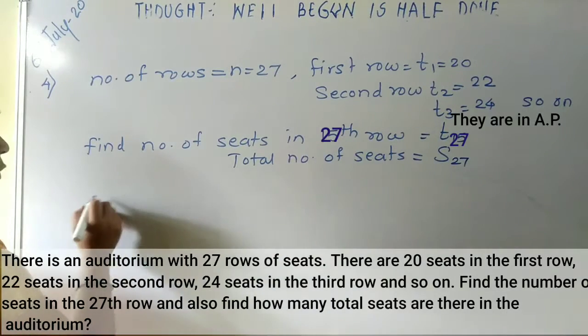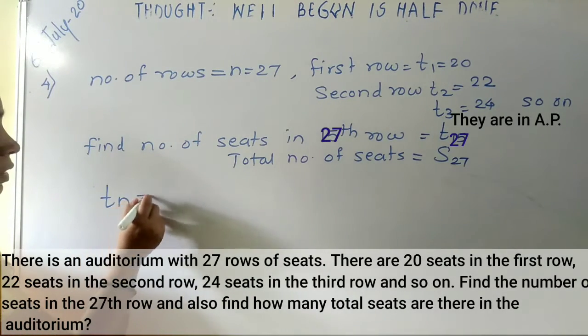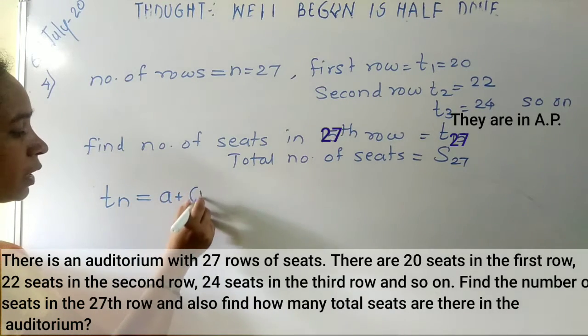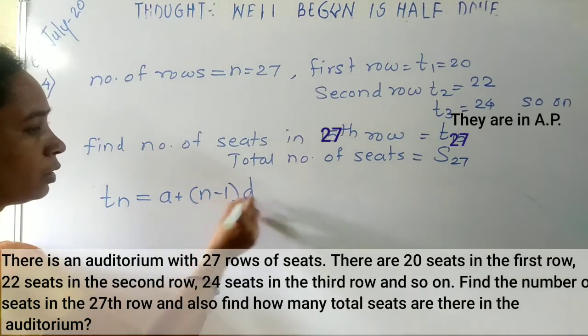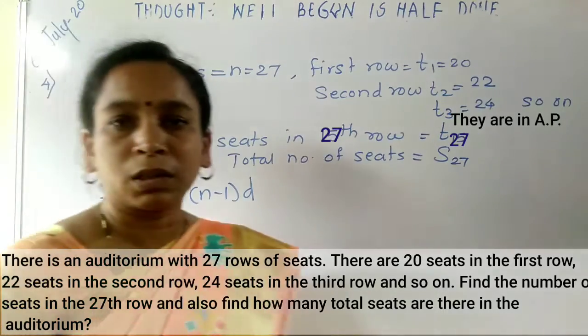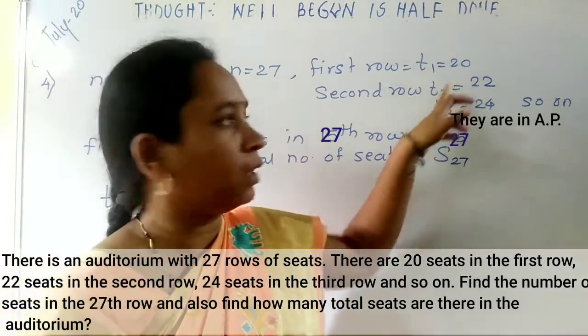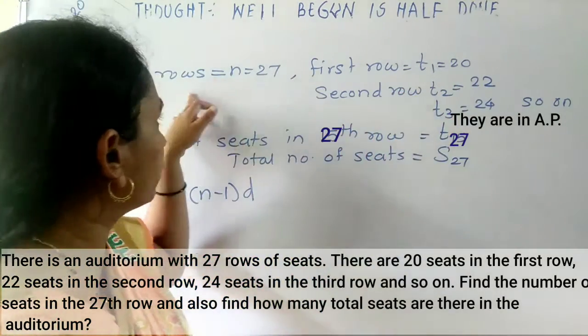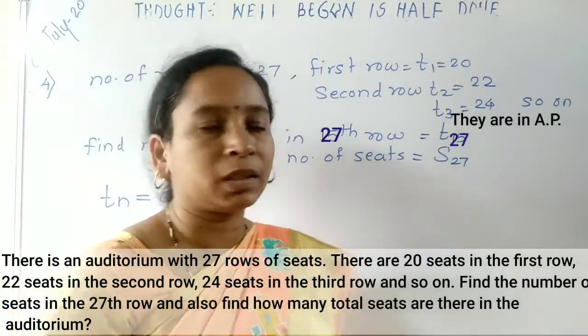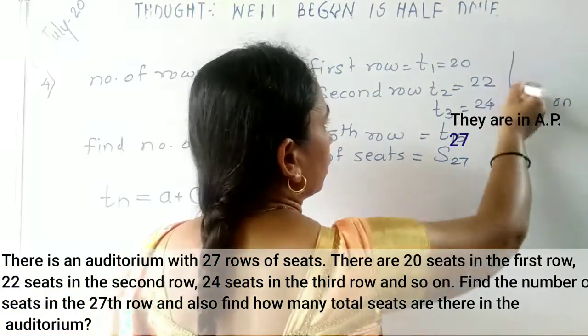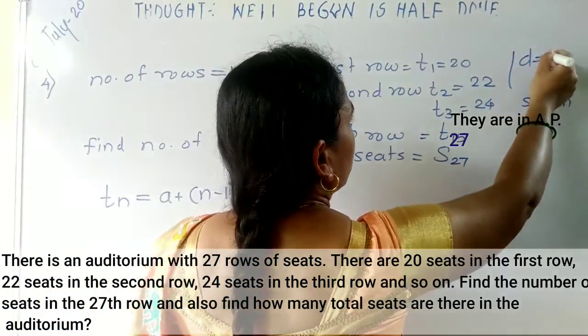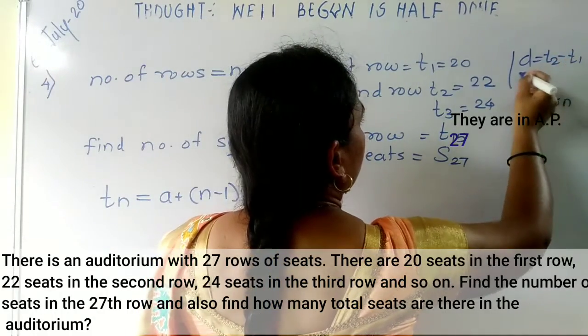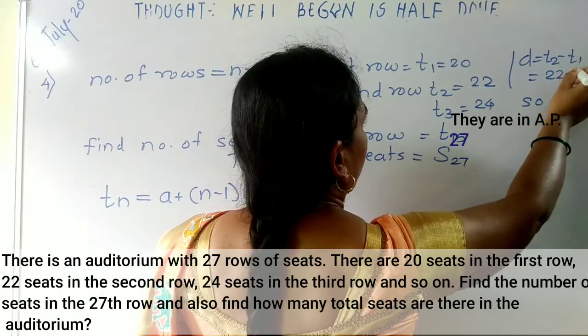So in this example, to find out T27, we'll use the Tn's formula. Tn is equal to A plus n minus 1 into D. So students, here we have the A's value T1, we have the n's value, that means 27, and the D's value. What is the D's value? That I will find out over here. D is equal to T2 minus T1. That means 22 minus 20.